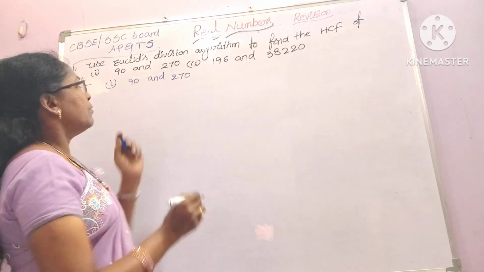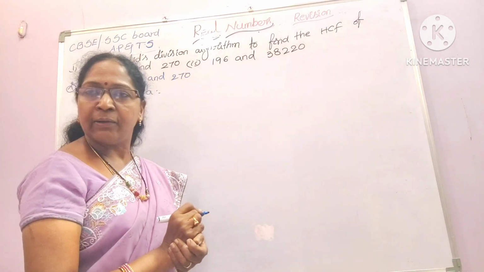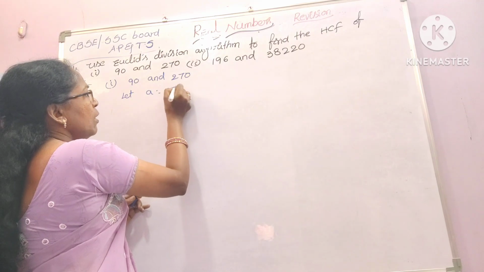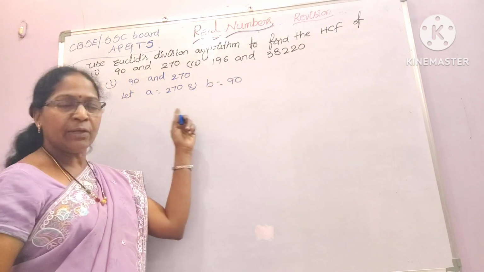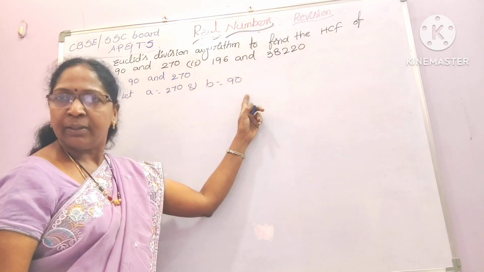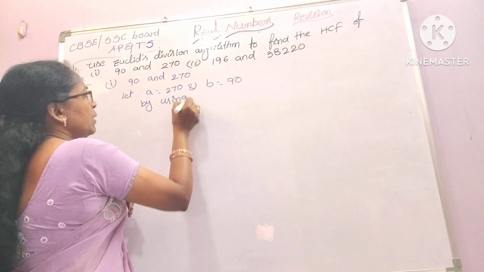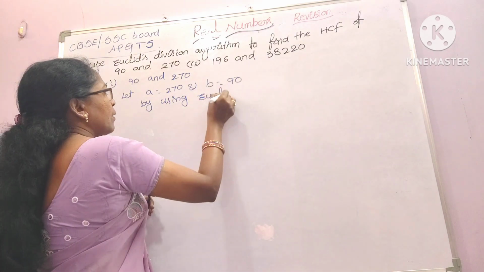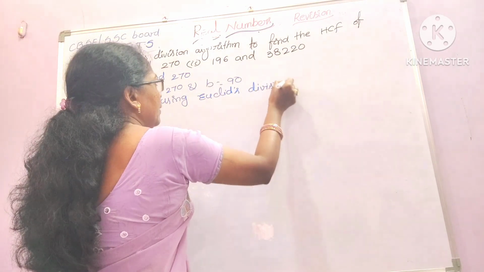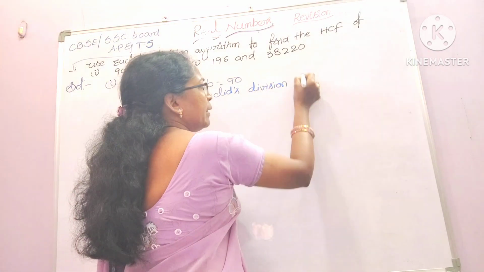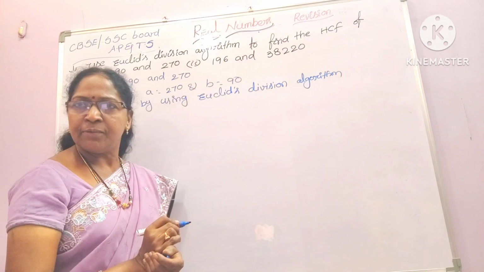Let A equal the big number; always you have to assume the big number as A. So A equals 270 and B equals 90. Now, by using Euclid's division lemma or algorithm, what is Euclid's division algorithm?